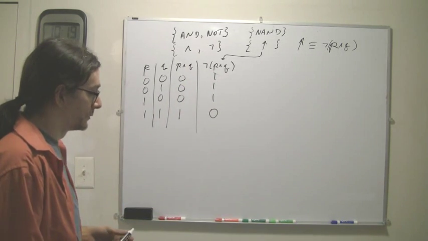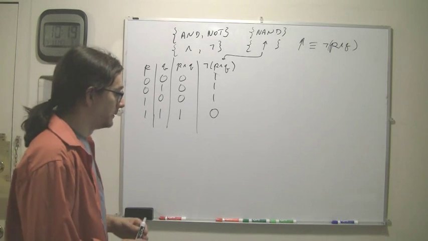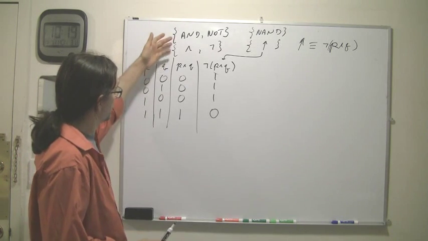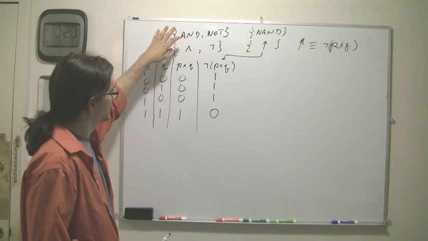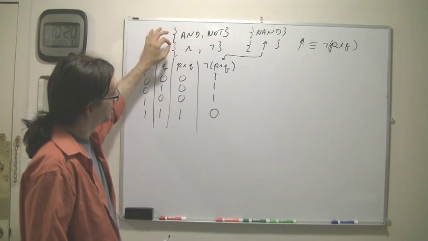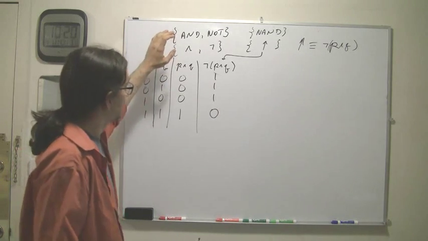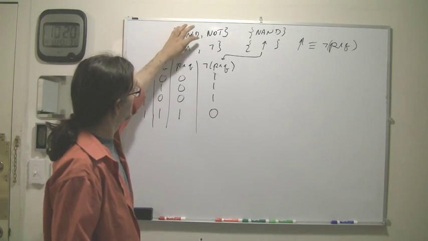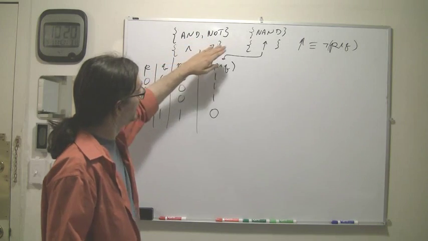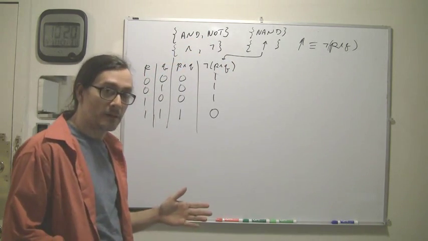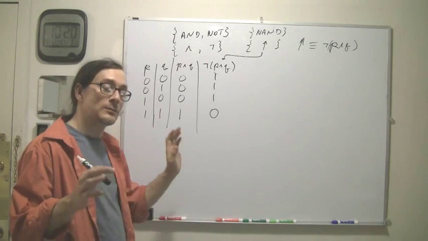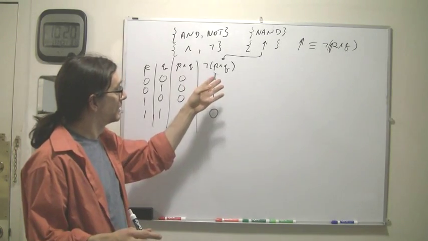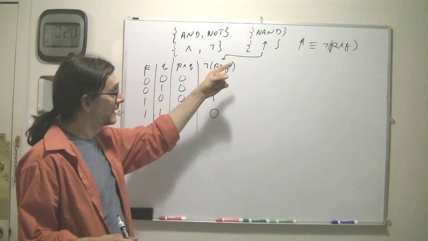We can use what we already know, and part of what we already know is that we can write any expression using only ANDs and NOTs, right? So if we can write, that's a crucial idea, if we can write ANDs and NOTs using only NANDs, we're done.